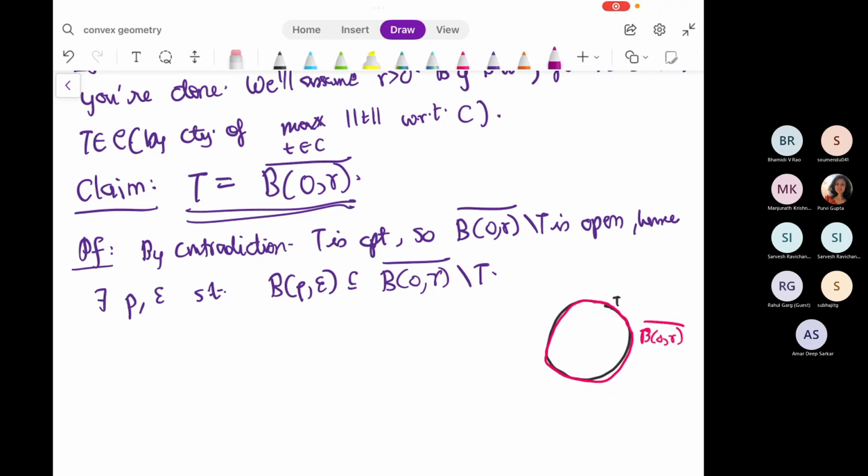So let's say this is the ball of radius epsilon around P or something like that. This particular ball that I have drawn here, let's say it's the only part of B0R closure which is not part of T. So everything else is in T. Let's draw a symmetrizing plane, say V. So this is V.